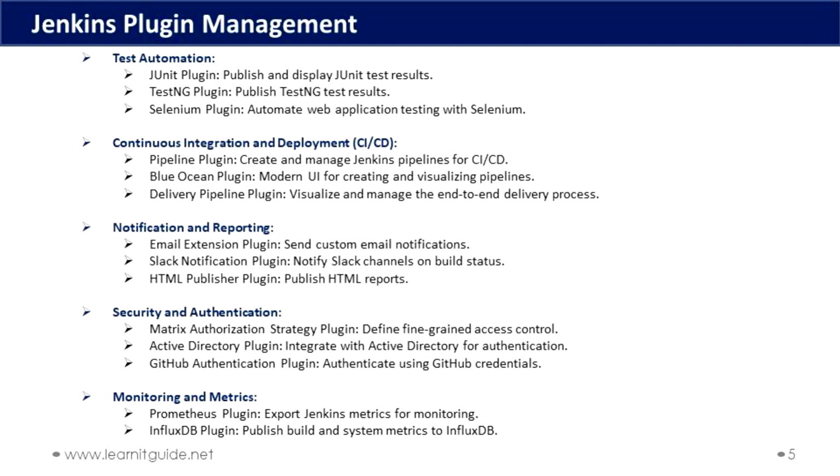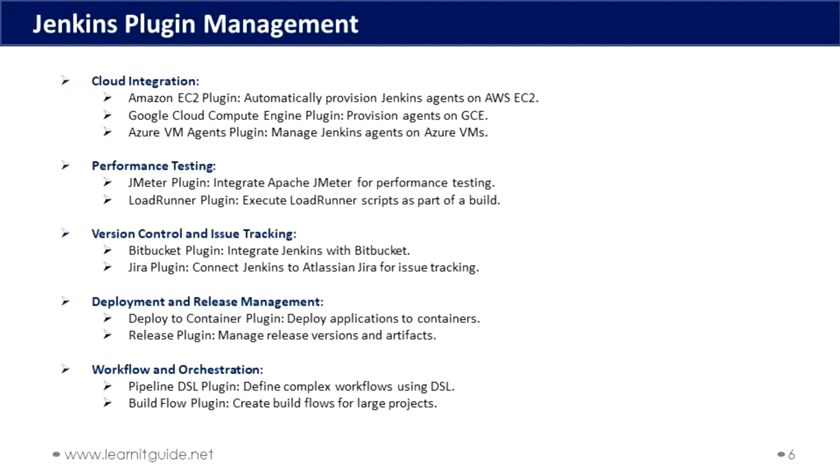Also, we have plugins for security and authentication: Matrix authorization strategy plugin, Active Directory plugin and GitHub authentication plugin. For monitoring and metrics, we have Prometheus and InfluxDB plugin. And for cloud integration, we have Amazon EC2 plugin, Google Cloud Compute Engine, and Azure VM Agent plugins.